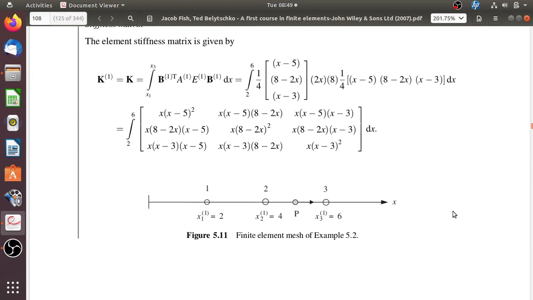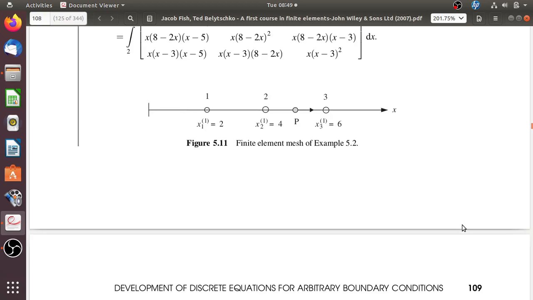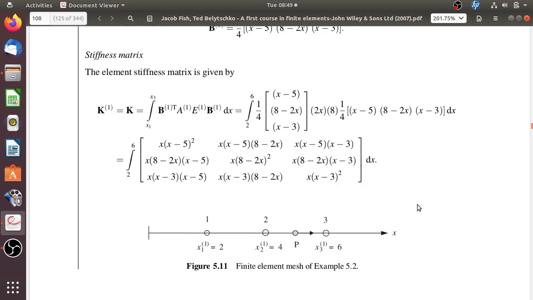We are going to use Gauss quadrature. How are we going to use Gauss quadrature to do the integration? We have to choose how many points, whether we are going to use a 2-point or 3-point Gauss quadrature. That depends on how exact my solution needs to be.